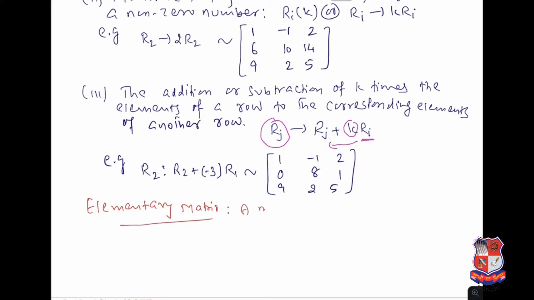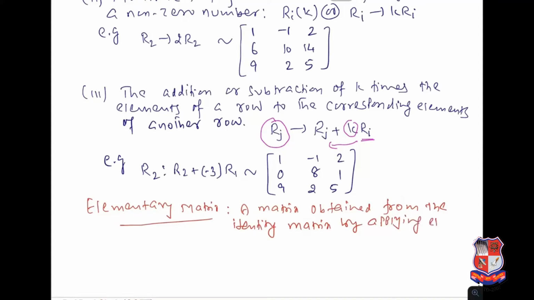So a matrix obtained from the identity matrix by applying an elementary operation, row or column, is called an elementary matrix.